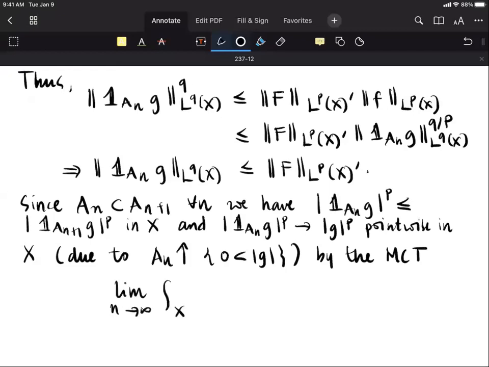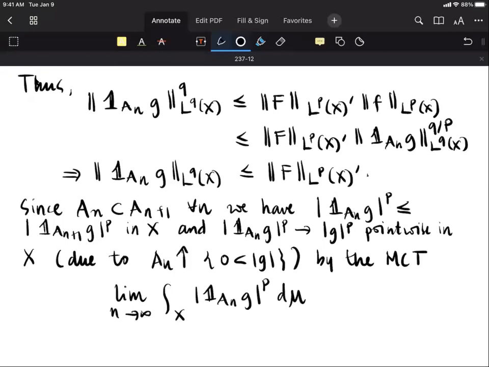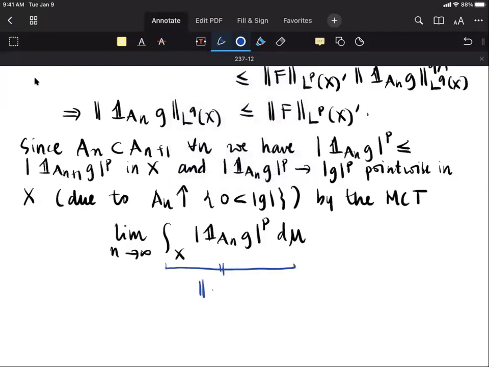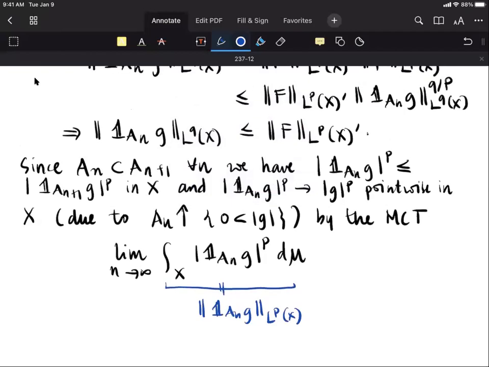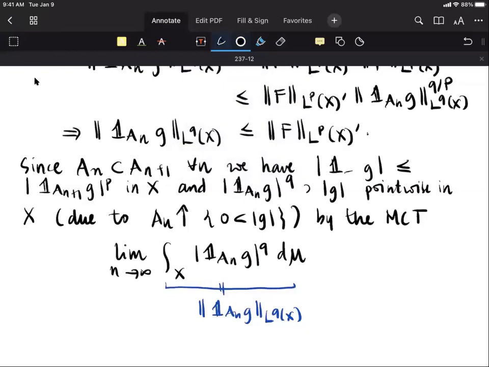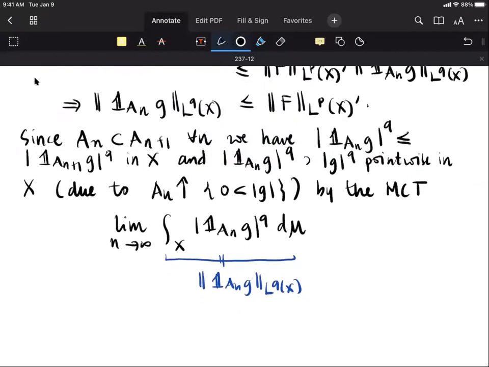we can interchange the limits. And by the way, I need to replace P by Q. So this should be LQ, and this must also be Q. So everything is fixed.